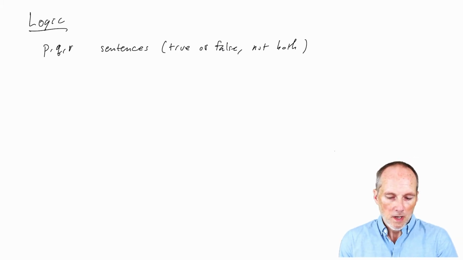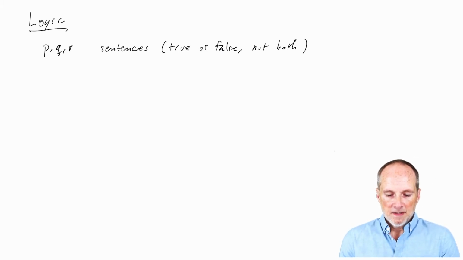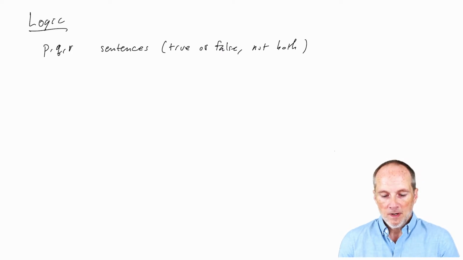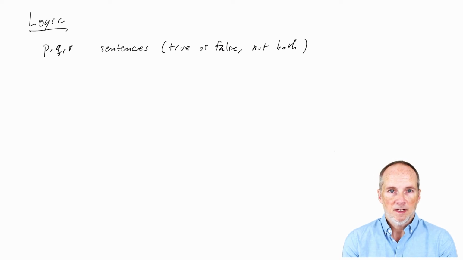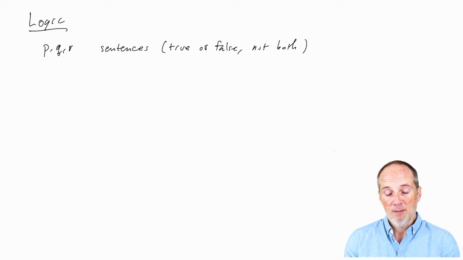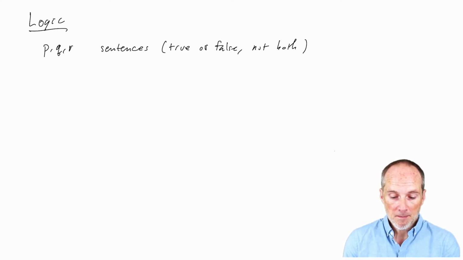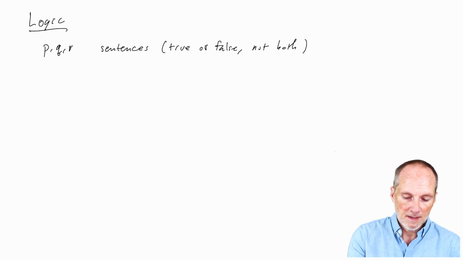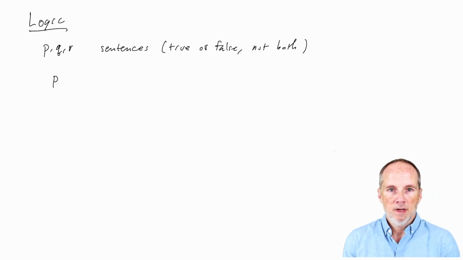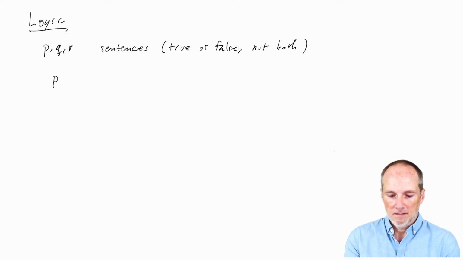Okay, so with that notation, the first thing I want to do is point out that from these simple sentences, we can build up more complex or compound sentences. One of the simplest things to do is to start with the sentence P, and then say that sentence is false.